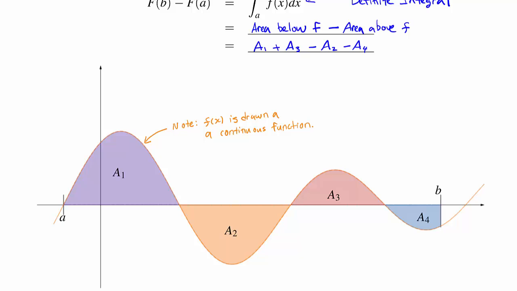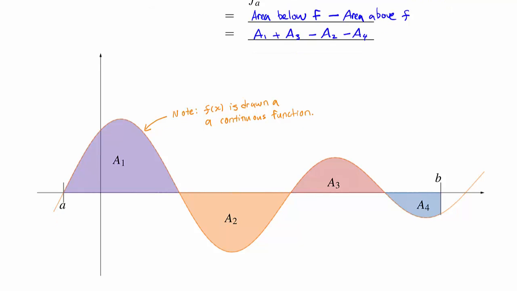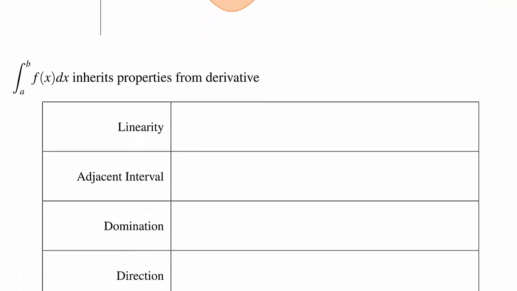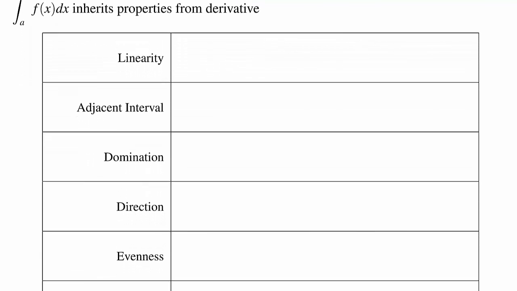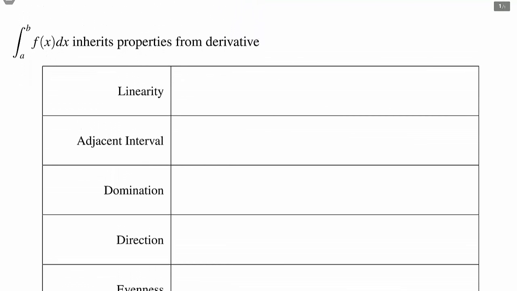Now the fundamental theorem of calculus part 2 allows us to transfer properties known for the derivative to these definite integrals. So in particular, the integral from a to b of f inherits the following properties.